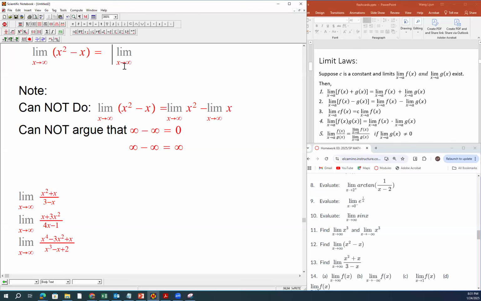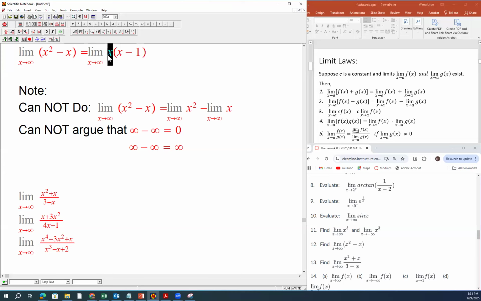We're going to factor this, and we get x times x minus 1. Now, as x approaches infinity, of course x approaches infinity, and x minus 1 also approaches infinity.